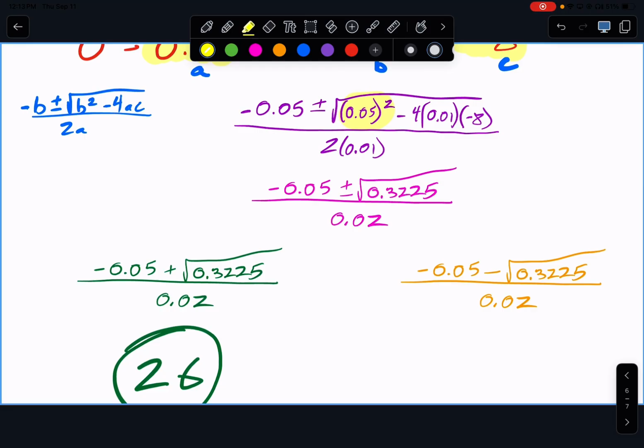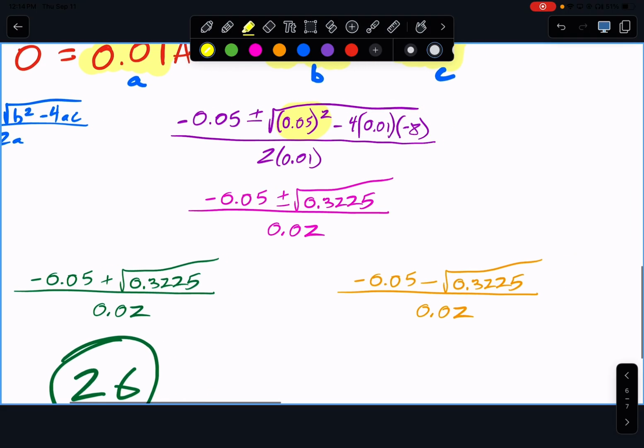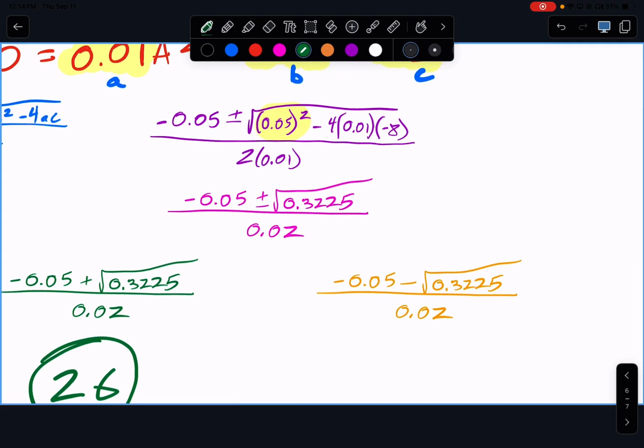The 0.05 is going to give us 0.0025, right? And then the negative 4 times 0.01 times negative 8 gives us 0.32. So if we combine that, that's where we get the 0.3225. Did you have the 0.3225?